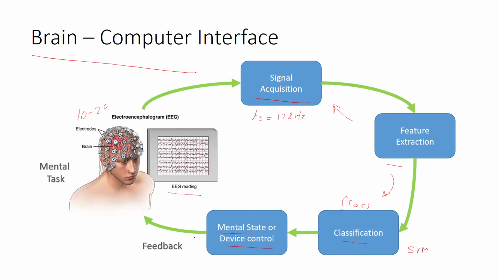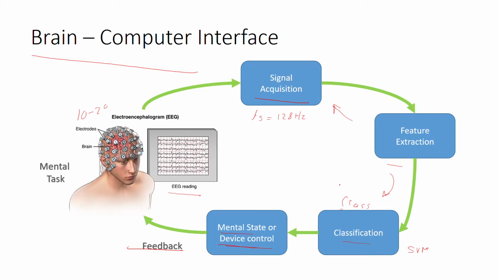And probably this device control can give us a feedback. Let's say that you're going to design an application which could be invasive, for rehabilitation, for instance. So this will be the general process.